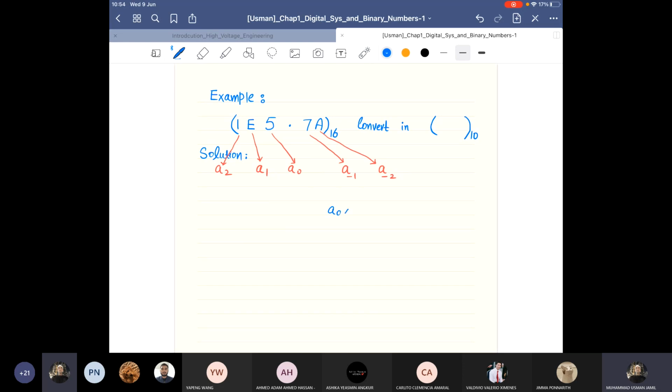So A0 into, now base is 16, so 16 power 0 plus A1 into 16 power 1 plus A2 into 16 power 2 plus, now base is 16.